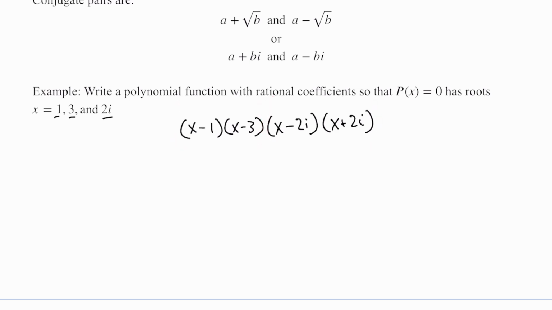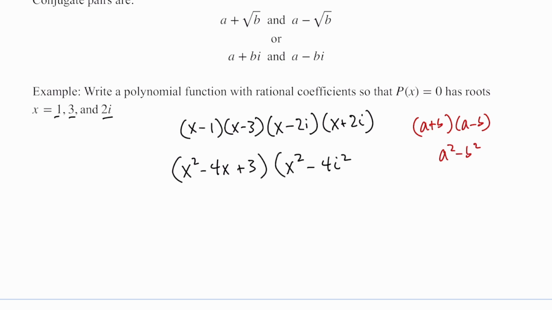If I FOIL the left-hand side, you would get x squared minus 4x plus 3. On the right-hand side, this is a great time to use that difference of squares shortcut. We know that a plus b times a minus b turns into a squared minus b squared. And so this over here would turn into x squared minus 4i squared.